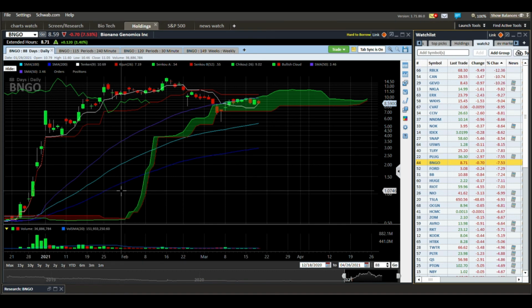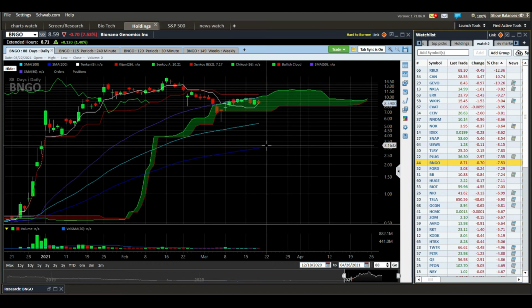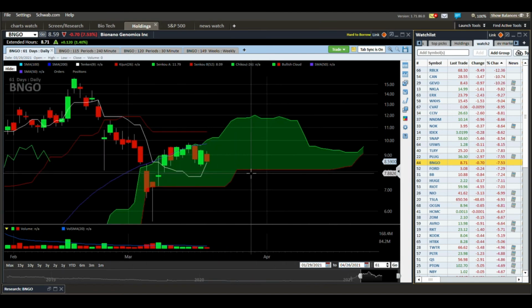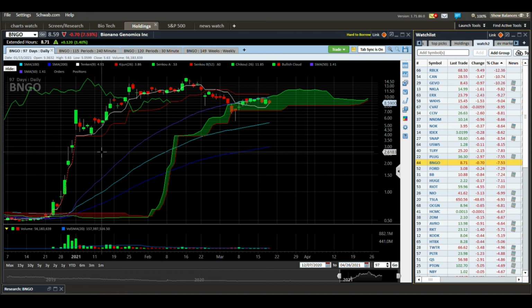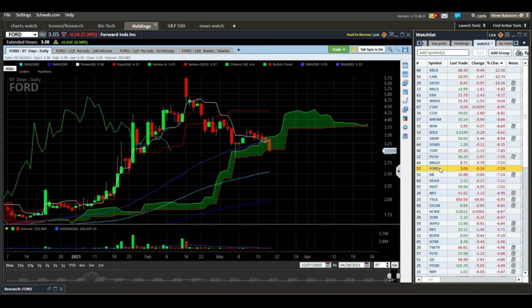I can see these moving averages starting to roll over and flatten out too. So I think the market wants to take their profits in these really high momentum gainers and rotate into some underperformers. That's kind of what I'm seeing in these charts.